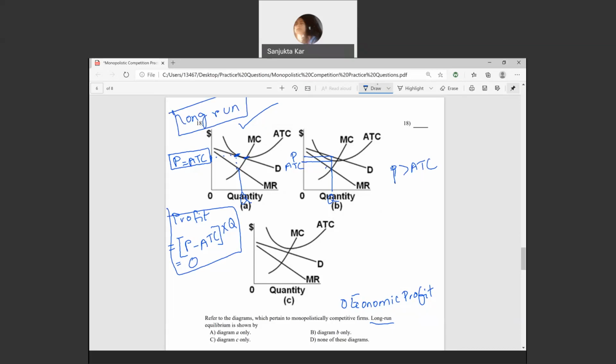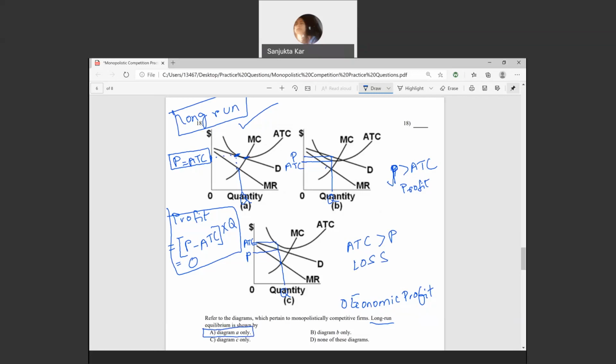However, in the short run, we can have a positive economic profit, or we can have a negative economic profit, like in this situation. Price is here, average total cost is above the price. So here we have average total cost greater than price. This one is a loss. B is a profit, C is a loss, and A is zero economic profit. So your answer is going to be diagram A only.